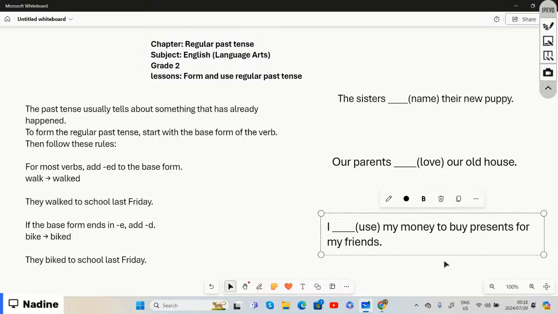We now need to change that word name to the past tense. So my sisters name their puppy. Name.